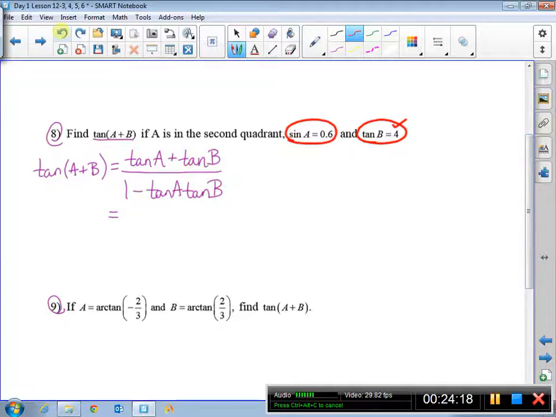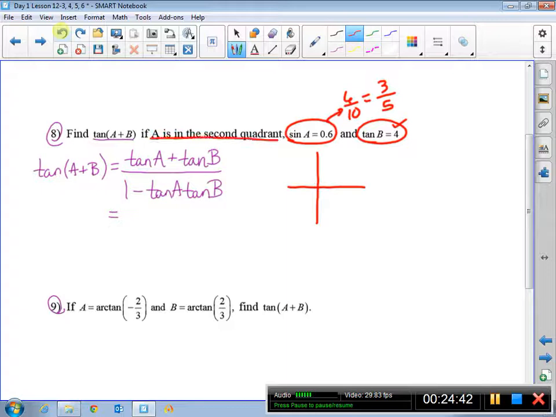But for the tangent of A, I'm going to need a triangle. So, sine of A is 0.6, which I hope you realize is 6 over 10 or 3 over 5. It's nicer to work with fractions.